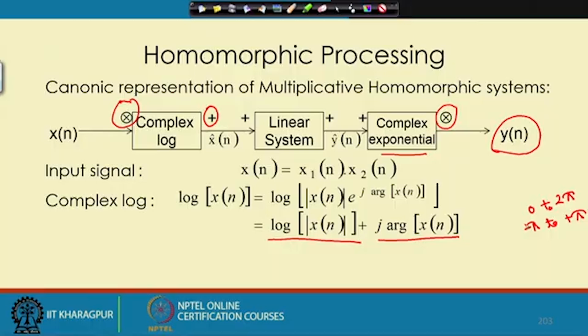However, after the complex logarithm, it would be mapped into one of these ranges depending on how we calculate that angle. So, that brings a discontinuity, and the smoothness in the phase is lost. Later we need to take care of that.